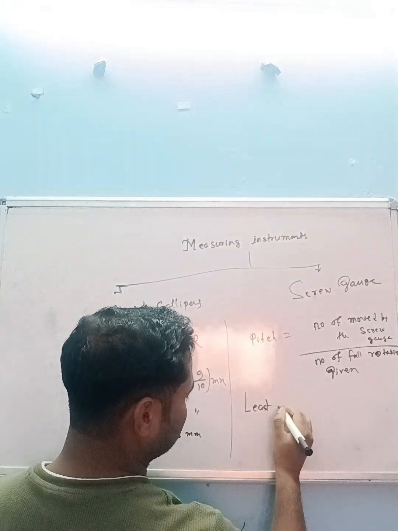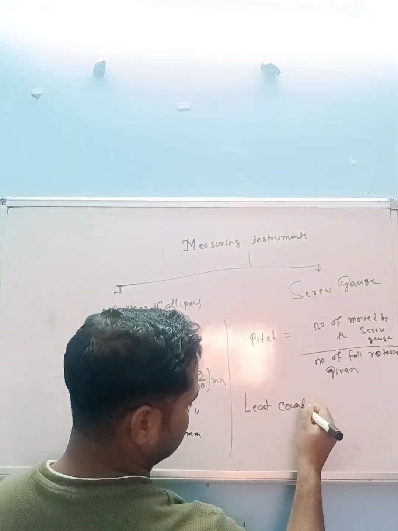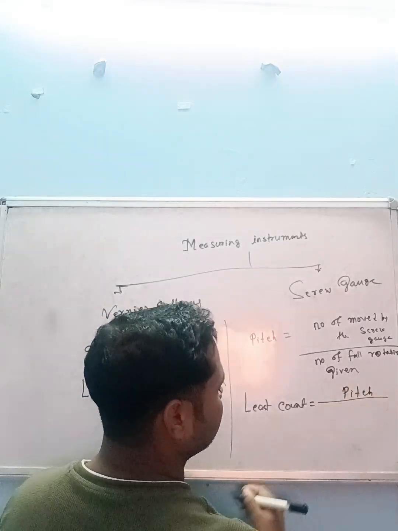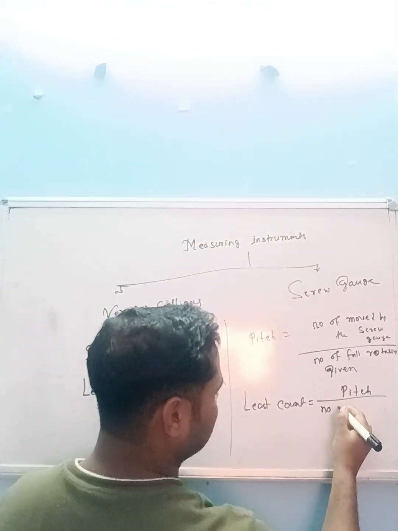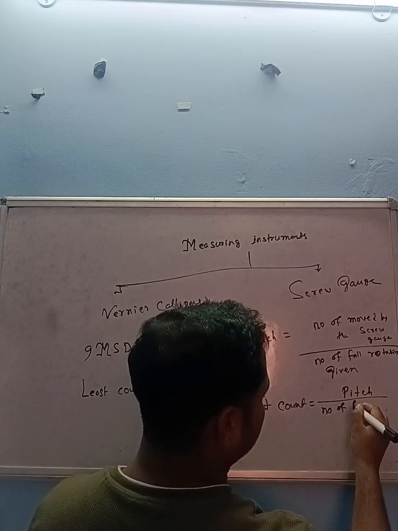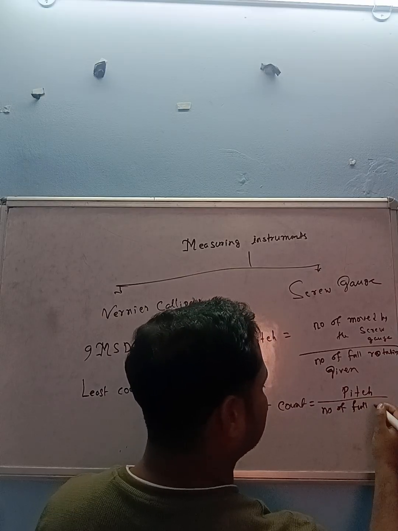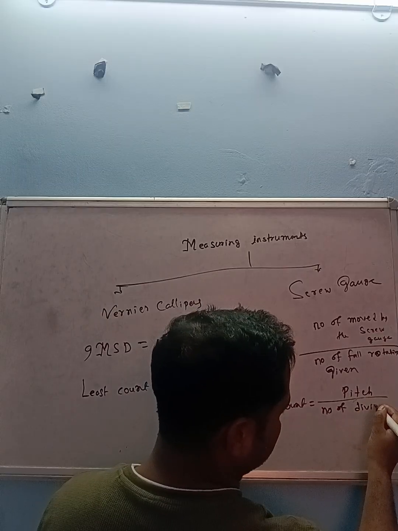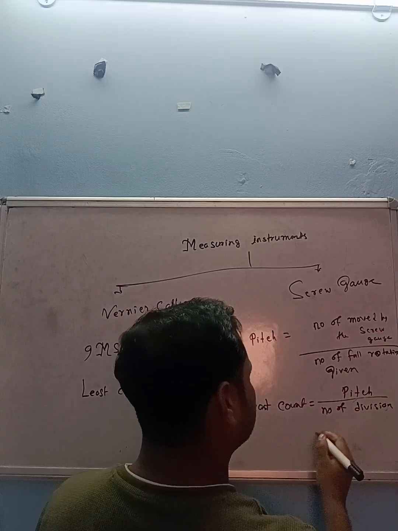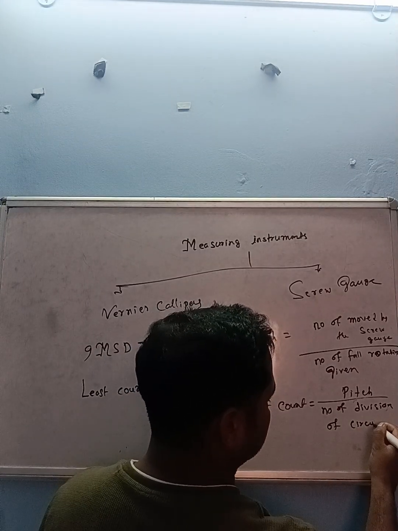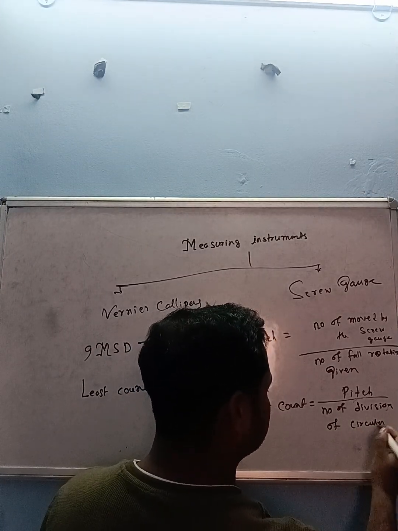Least count equals to pitch by number of full division of circular scale.